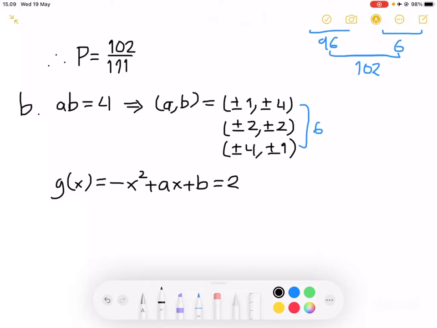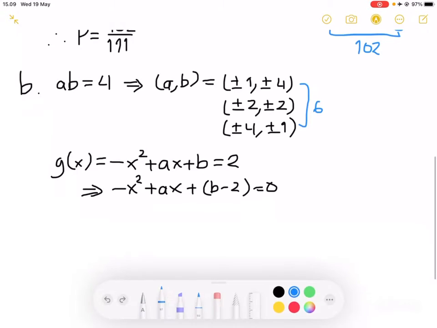So be careful when it's not equal to 0. You must subtract both sides by 2, obviously. So this will give us negative x squared plus ax plus (b minus 2). To emphasize, this is the constant term in this equation.